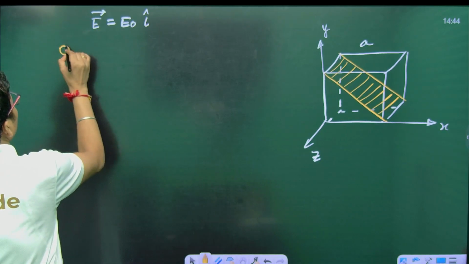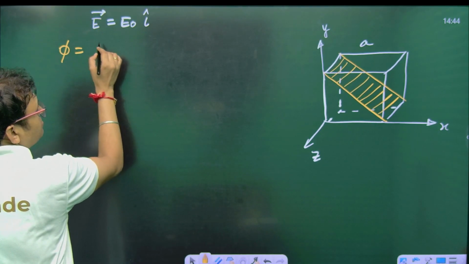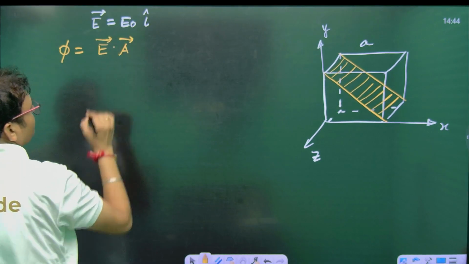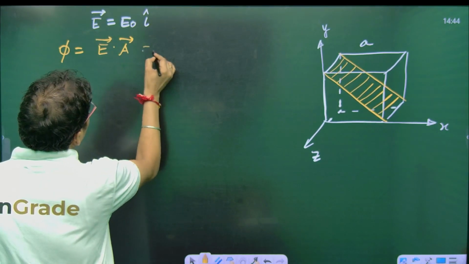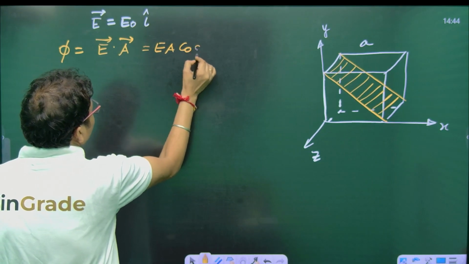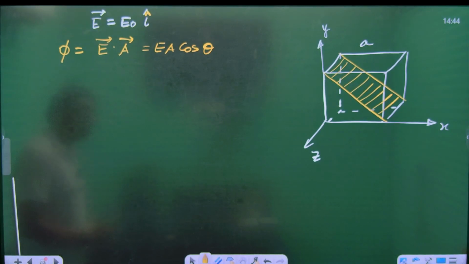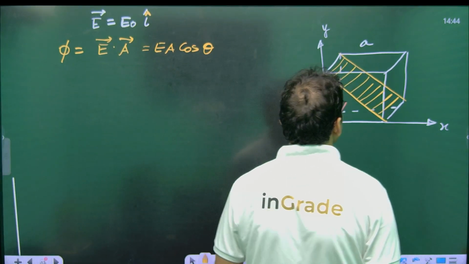So phi will be equal to E dot A. E is constant, so it is EA cos theta. Theta is the angle between the electric field and the area vector. First of all, let us find out the area vector.